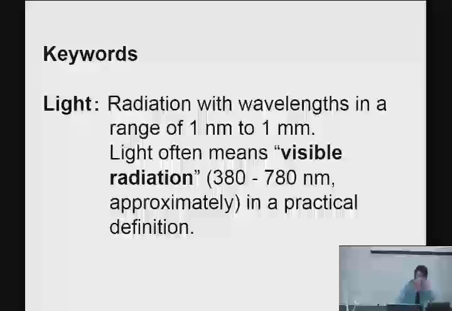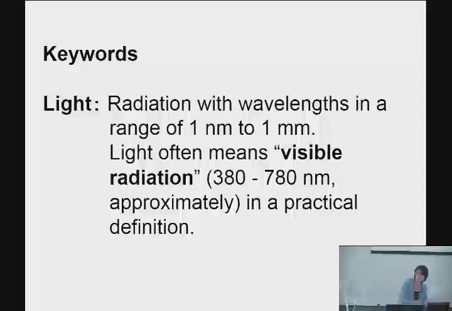And then, a more practical definition for you: if you say light, that means something you can see, visible light or visible radiation. What is visible light? Which light can you see and which can't you see? For example, UV light you may not see, but red light you can obviously see.